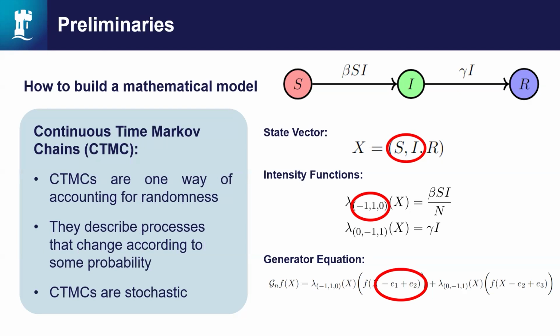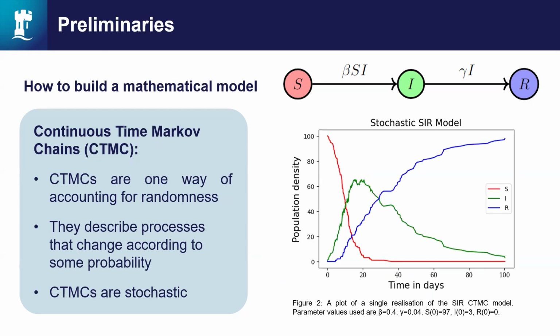The intensity functions, which in this context is sort of the probability of having, so the first one would be probability of something being infected, and then the second one would be the probability of it recovering. Okay, and then all of that information is just encoded in this big equation at the bottom. And we see that when we plot this one, we don't have those smooth curves anymore because we've accounted for this randomness. So we've got this sort of random time change.